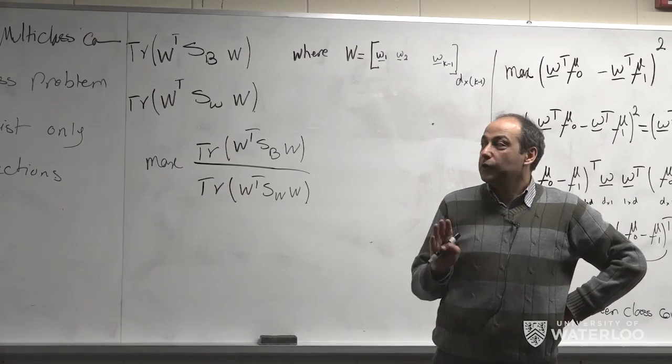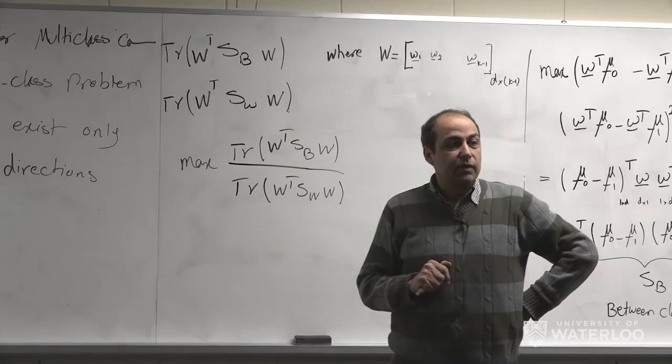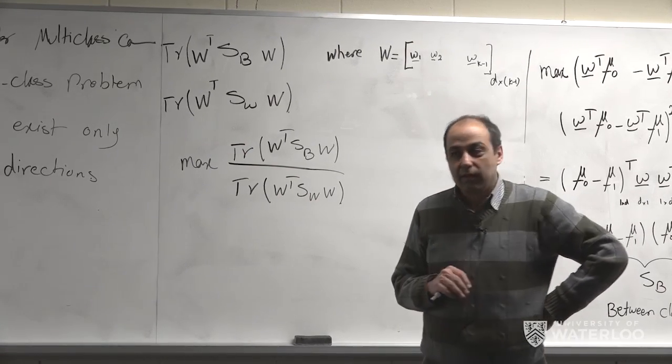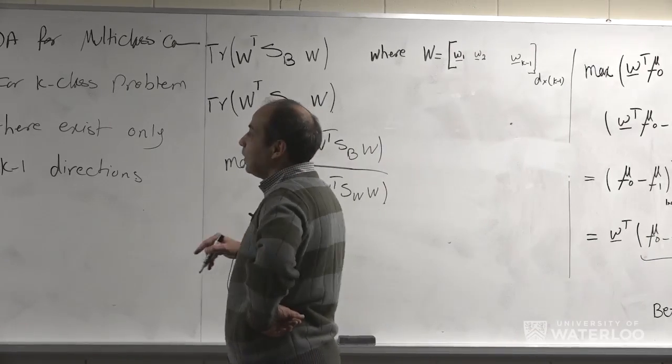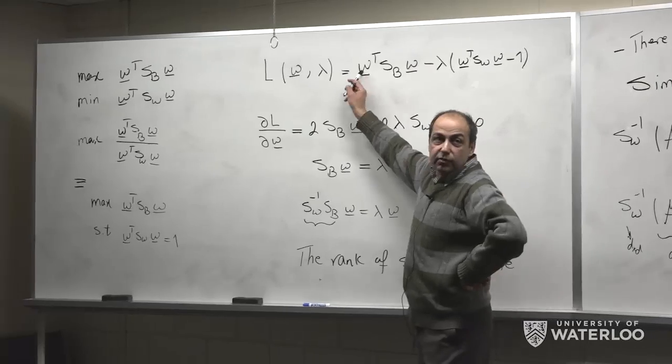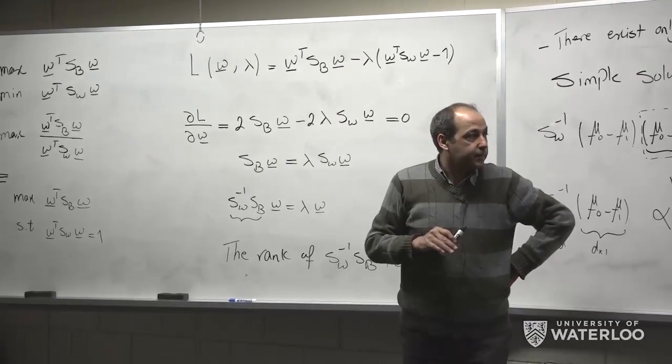Everything goes exactly the same as the derivation that we had there. You write the Lagrangian, just with a trace in front of each of these.